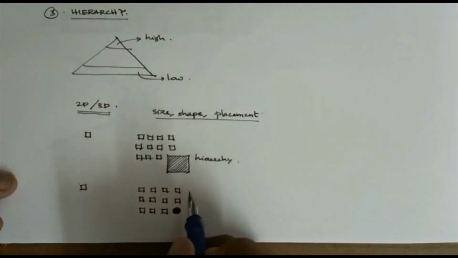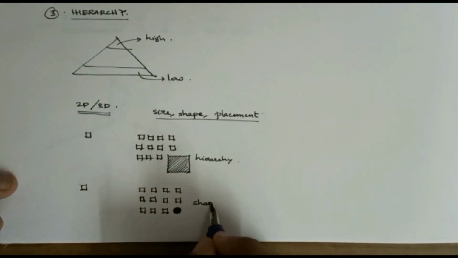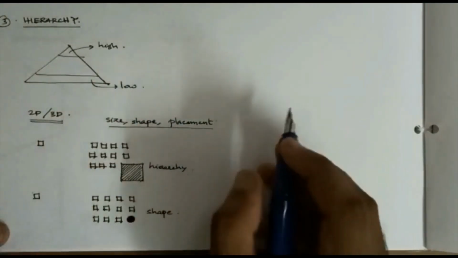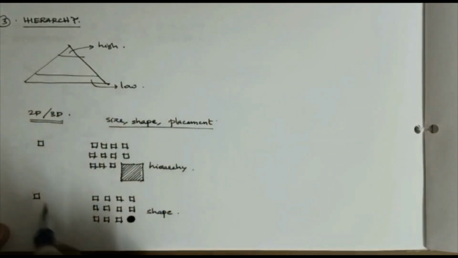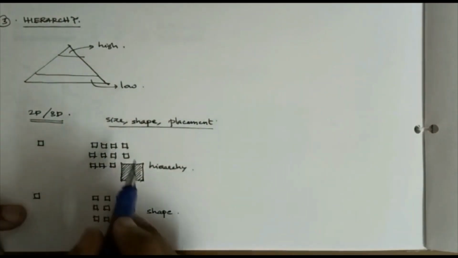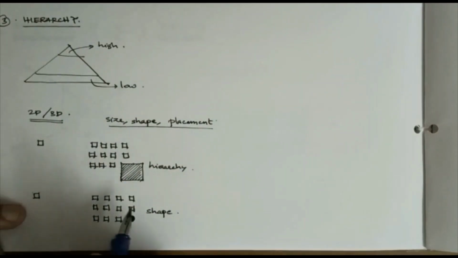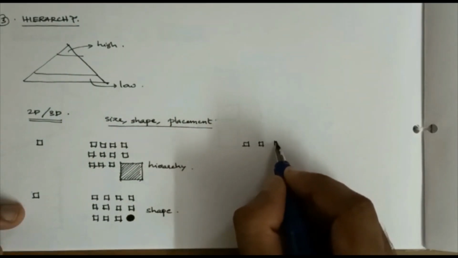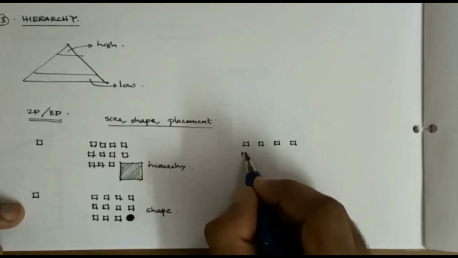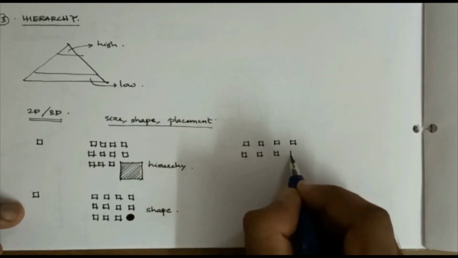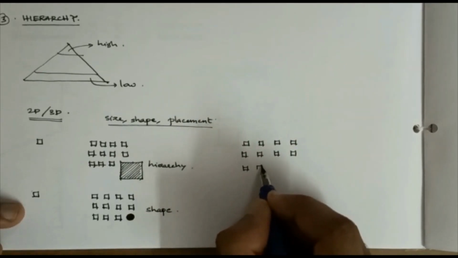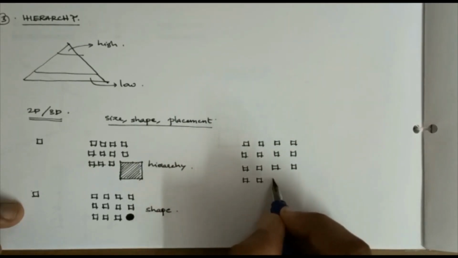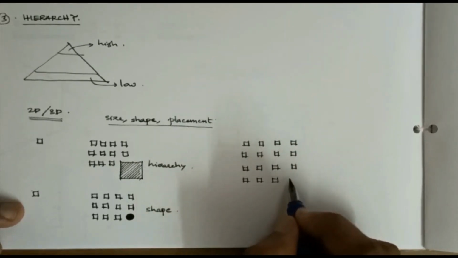So here the hierarchy is in terms of its shape. And last but not the least is the hierarchy in terms of its placement. In all these compositions, you could see that I have arranged things at a definite distance, following the same pattern. Imagine I am placing the squares equidistant from each other in a similar composition. And if you imagine one particular square, I am just altering the distance.